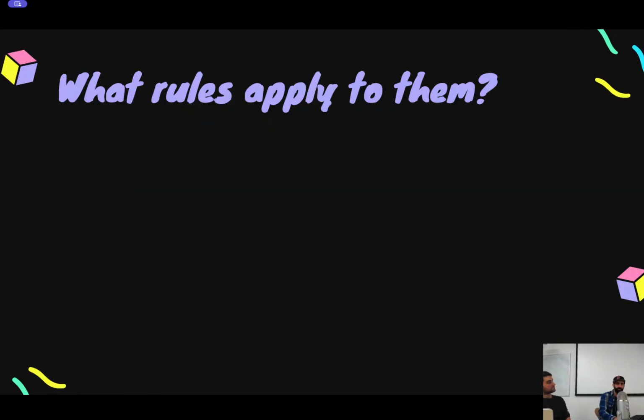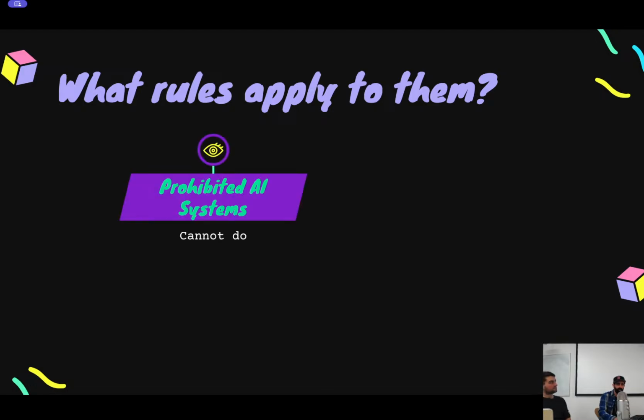So if this applies to you, what rules apply to you? Well, there are two important paradigms here, and one really goes back to the beginning of this legislative process, and that's what's called an AI system. It's pretty intuitive, I'm not going to spend much time defining it, but if you think it's an AI system, it probably is.